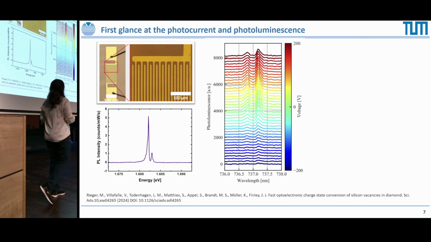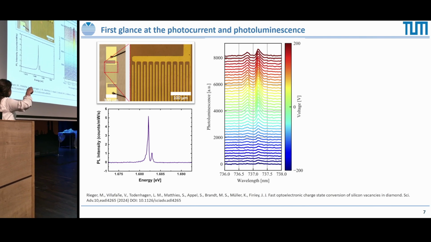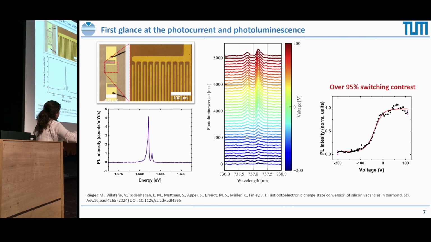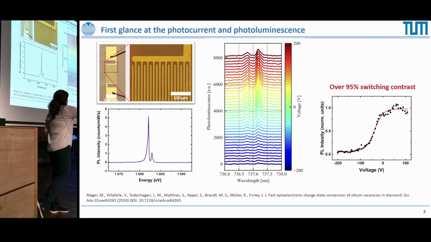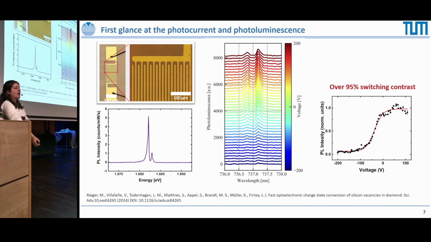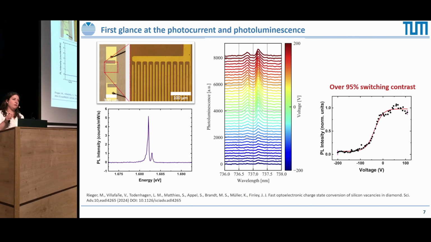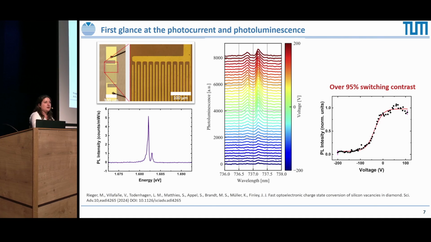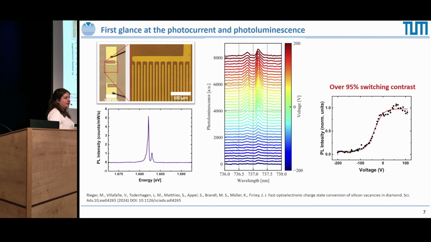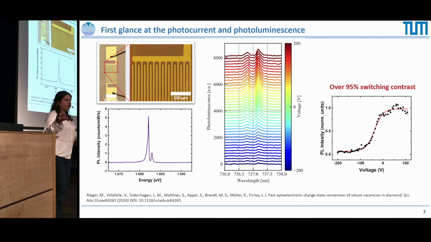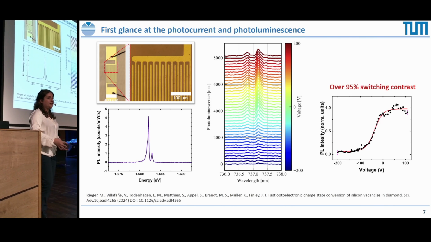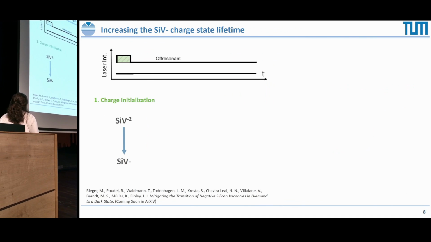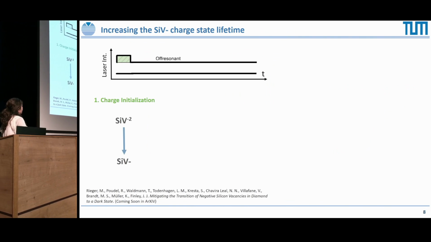And what I showed is that by tuning the voltage across these electrodes, we could switch the emitter on and off. To explain this result, the take-home message was that we need to shine a green laser before even starting to address the spin of our SiV diamond color center, in order to fill all the charge traps surrounding our color center and then start playing with the spin. So this was the take-home message from last year.